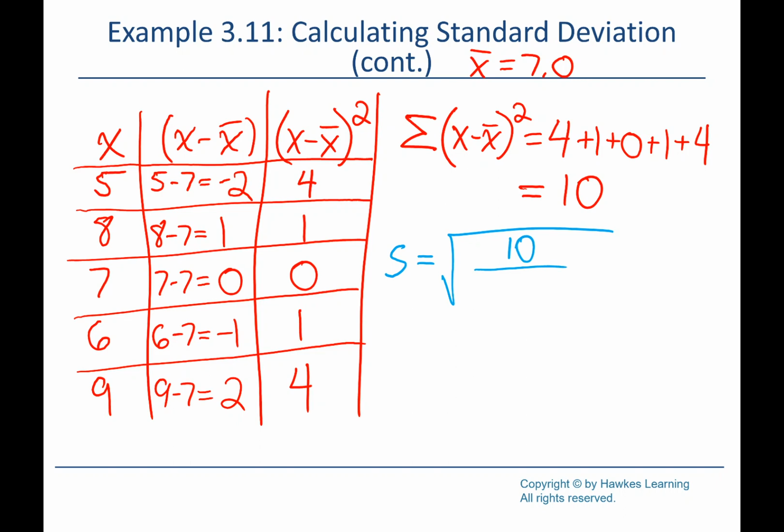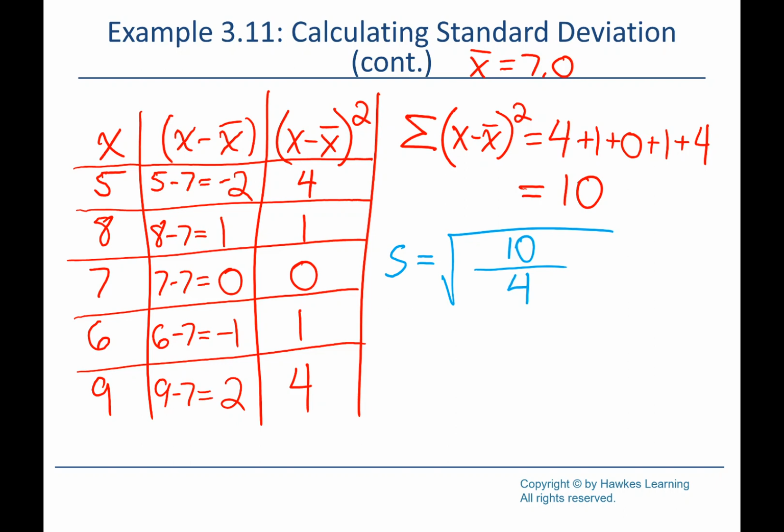The bottom, if you look at the formula, is n minus 1. That's our sample size minus 1. We had 5 data values. So that would be 5 minus 1 for 4 on the bottom.